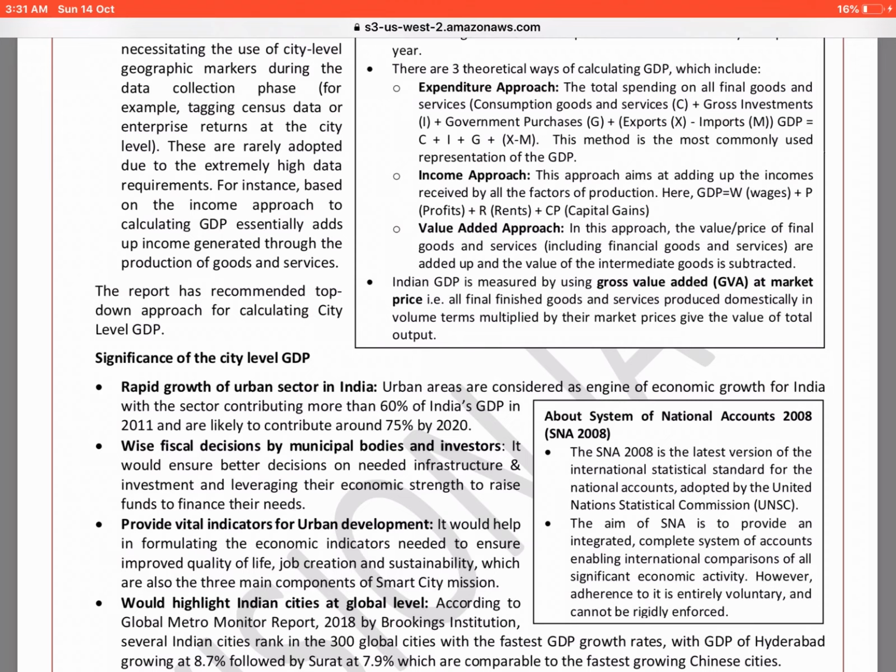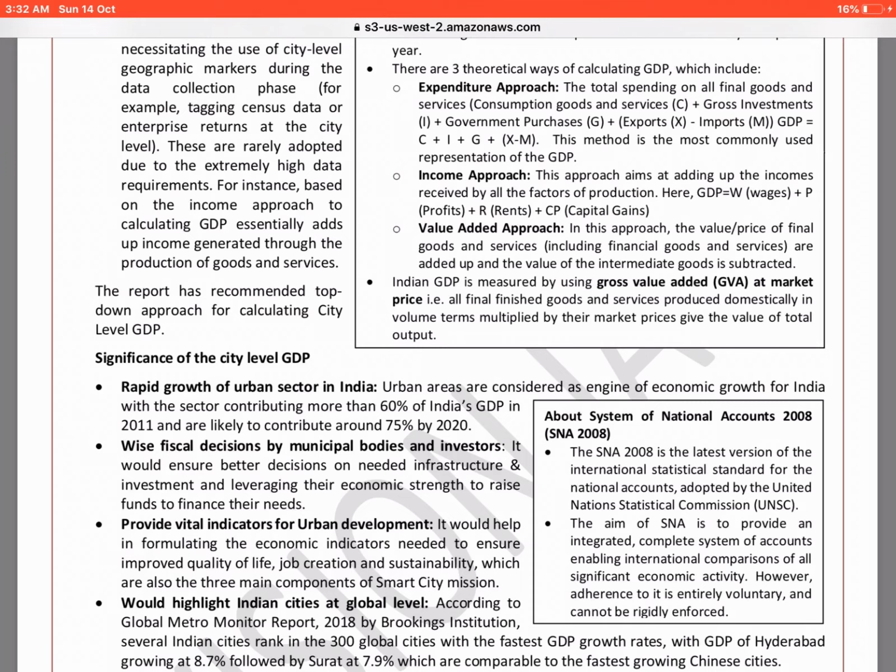In this, there is an integrated complete system of accounts which enables international comparison of all significant economic activity. Every country uploads their accounts, their economic activity, on this System of National Accounts. When they upload their data of economic activity, by the use of statistics they can compare two countries with each other.